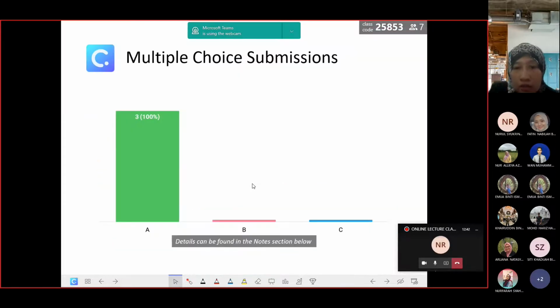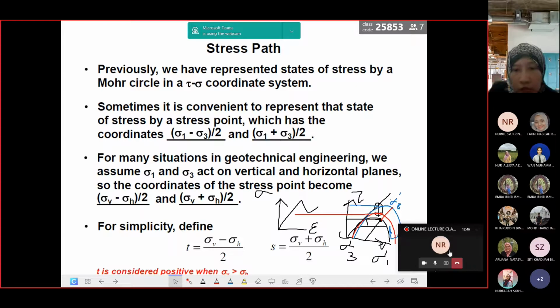So what's exactly stress point coordinate? The stress point coordinates is something that you can represent the stress, the maximum stress failure using the T or S coordinates. Maknanya kita nak letakkan the maximum shear stress tu menggunakan koordinat T dan juga koordinat S.